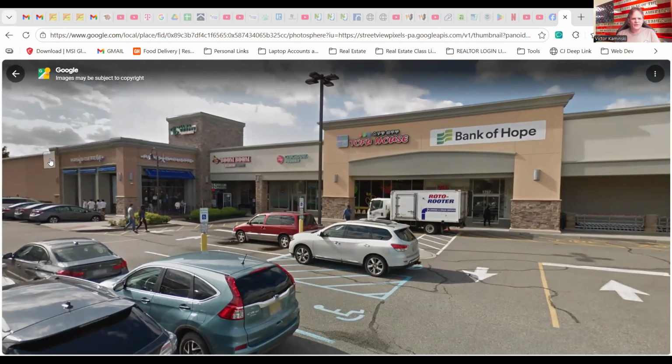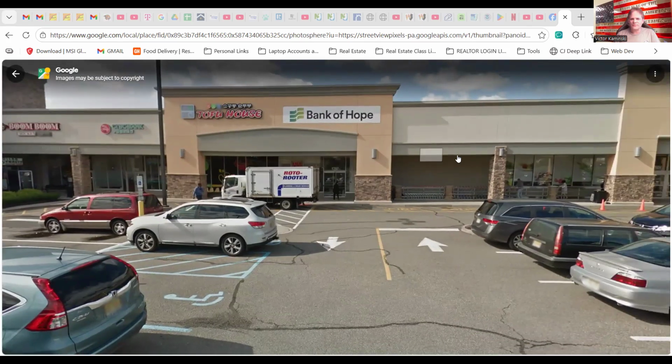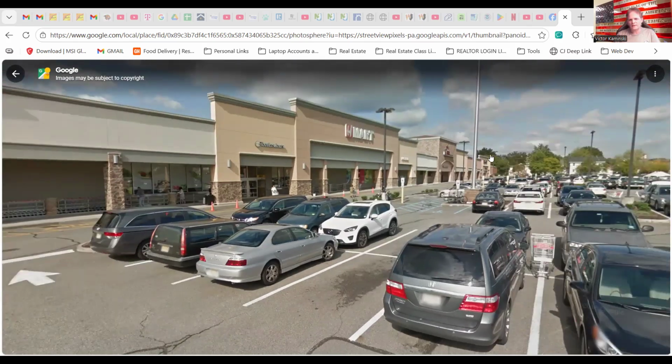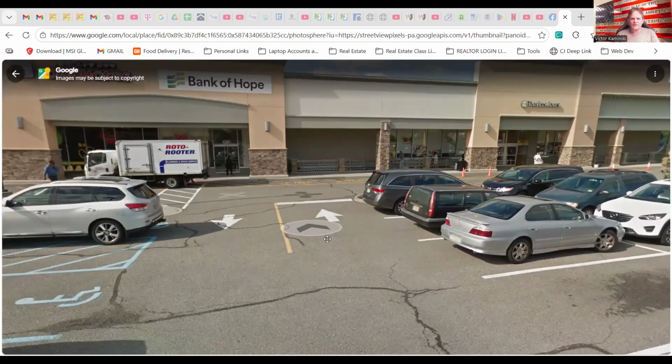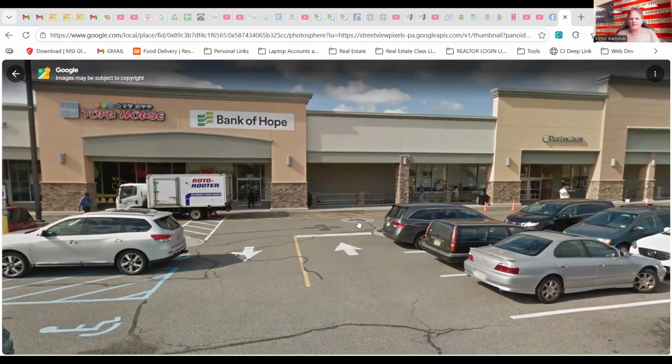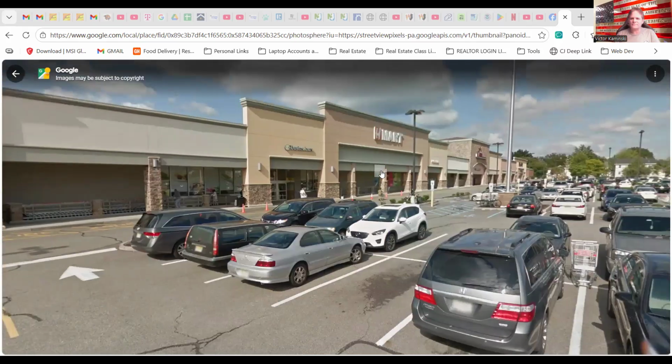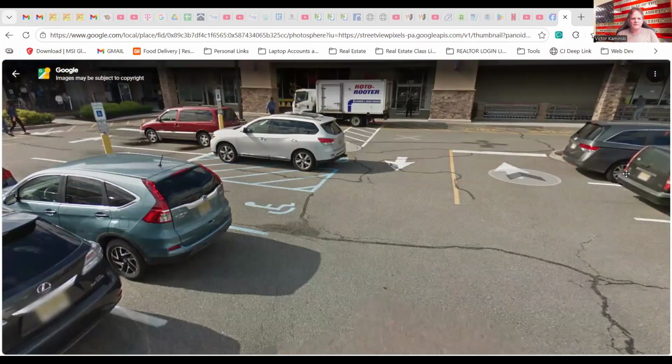But the original part was just from here down to here, and most of the stores were not open or not fully leased. You had the H Mart anchor, and like I said, an Indian bank, a Chinese buffet, a massage parlor, and I think that was pretty much it.